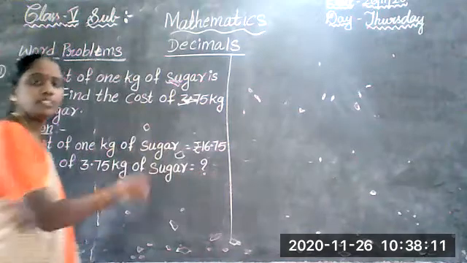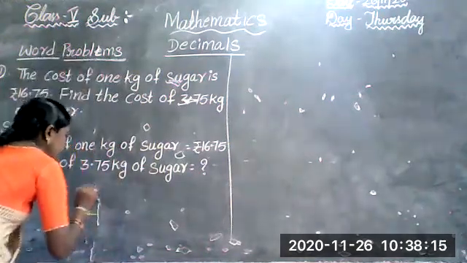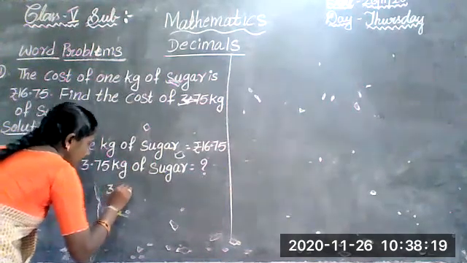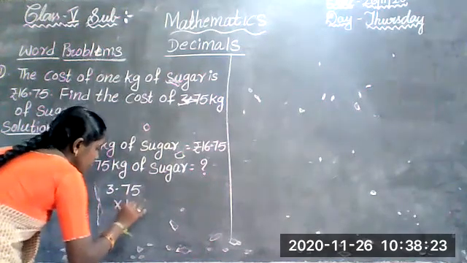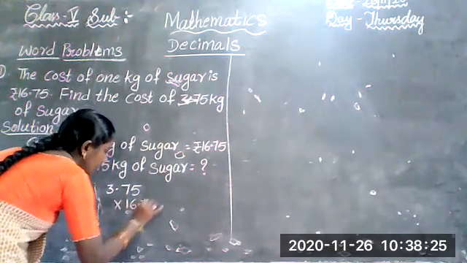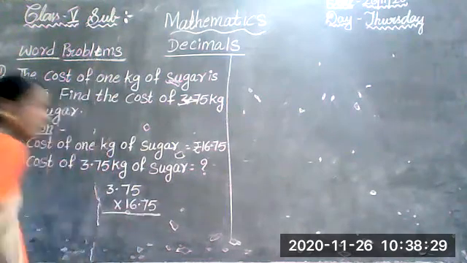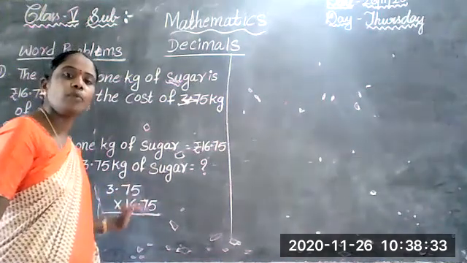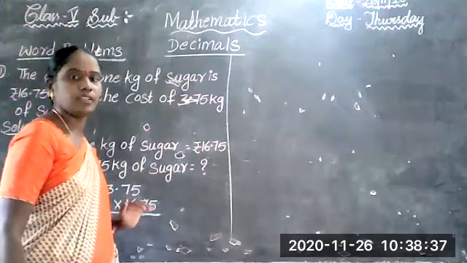We have to find out that one only. Now what do we do, children? 3.75 into 16.75, do the multiplication. Or we can write 16.75 into 3.75 also.